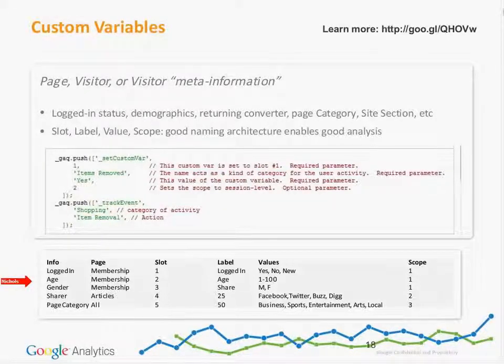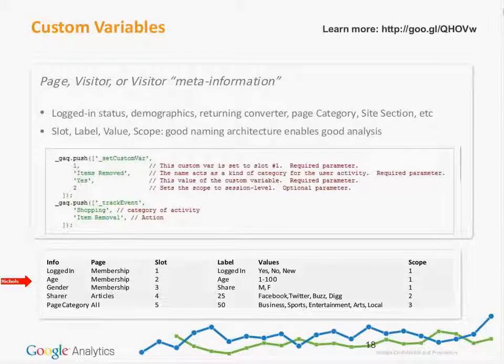If you want to know, this person signed up as a member, I want to know what members do every time they return, well, slot number 1 is now dedicated to assigning their membership status at a visitor level. So if you overwrote that with a page at some point, it would forget that it was a member, and you'd have to somehow reassign it, and again, not override it.